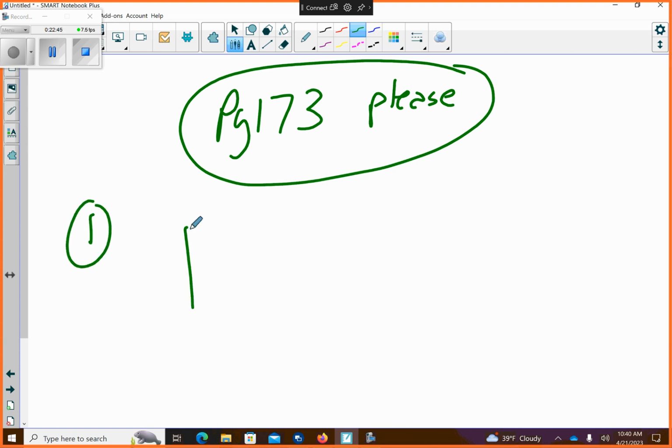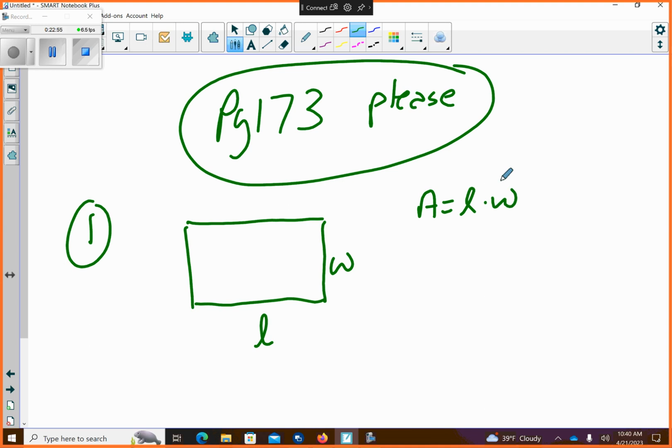All right, so I'm going to draw myself a rectangle because I need something to look at. I'm going to call this length. I'm going to call this width. And I know that area is length times width because I learned that when I was like 26. But they tell us that the area is equal to 48 square meters, right? Square meters, m squared. That doesn't mean that it's a quadratic.